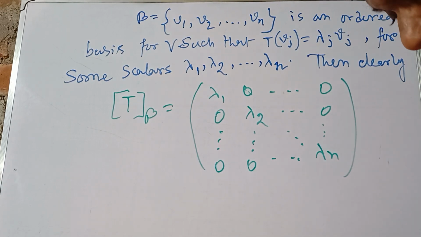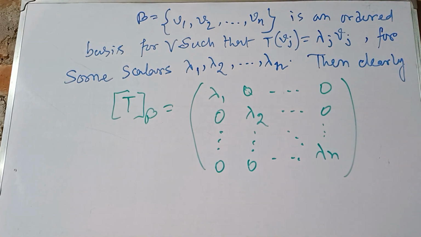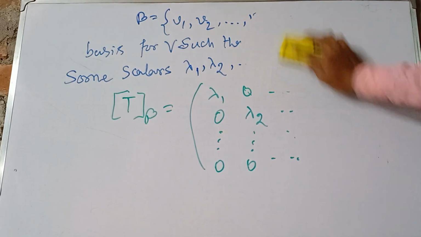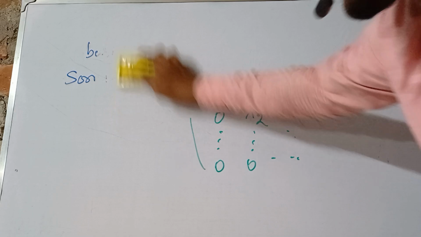Now we are going to the definition of eigenvector and eigenvalue. Not a problem at all.